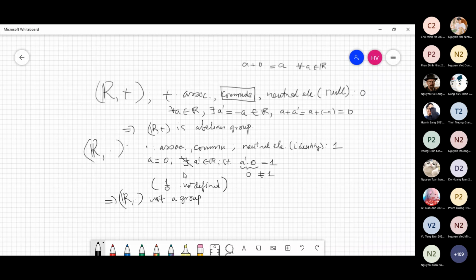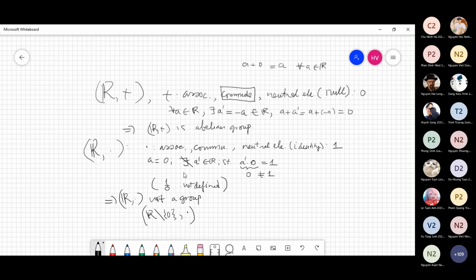It's very simple, you know how to do this. We eliminate this 0. So I take R star, of course. I take R, subtract 0, and then this multiplication.